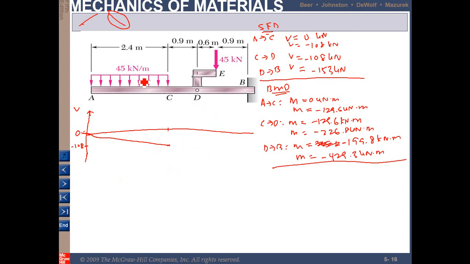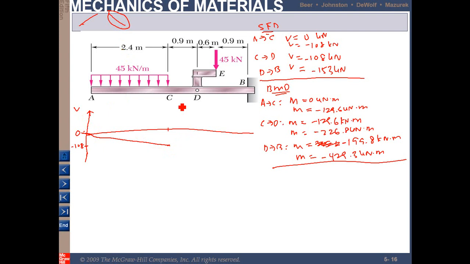Okay, because this is the uniform distributed load. Oh yes, so it is right. Because it is a uniform distributed load, in the shear force diagram it will be inclined like this. So it is right, yes.